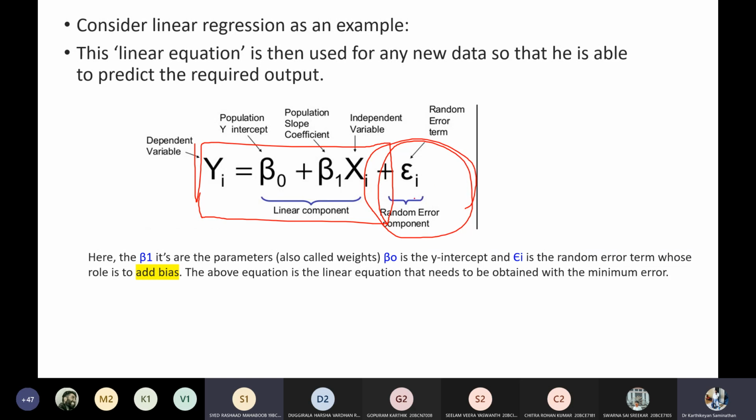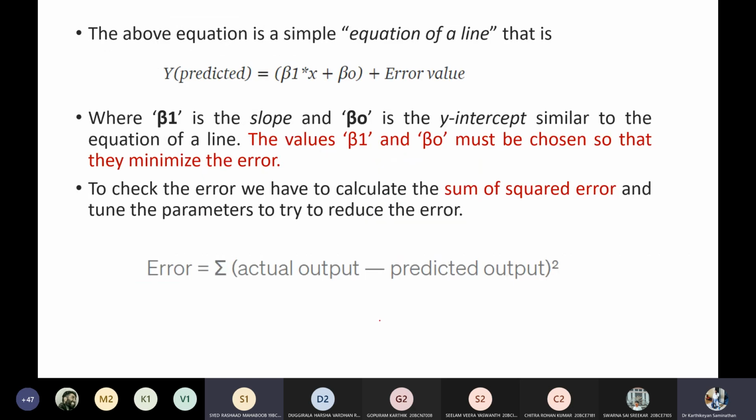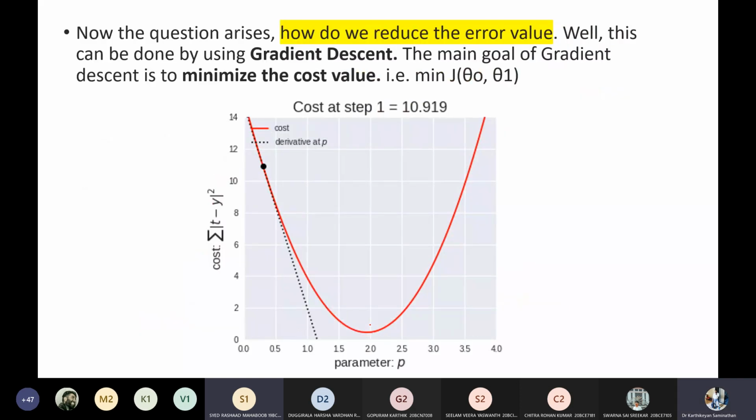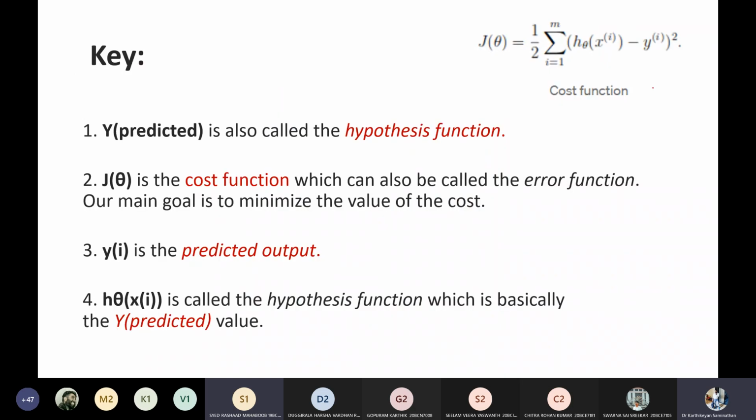Whenever there is an error in your data set, this term will be added here. How do you minimize this random error component? That is what the gradient descent technique is all about. So how do you do this? Generally, how do you reduce this error value? We introduce gradient descent. How do we minimize the cost with gradient descent? Simply, you need to retune the parameters.